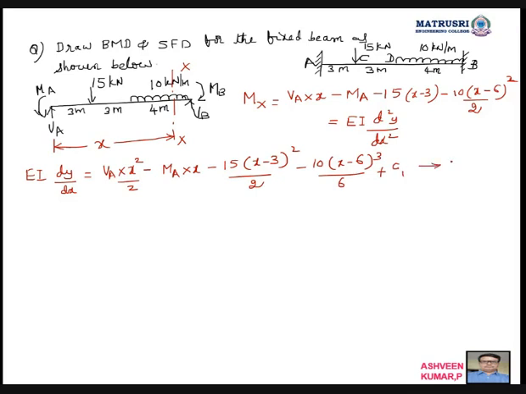Say this is equation number 1. Earlier we studied C1 and C2 will be 0 if I go for the Maclaurin's method, for the fixed beams.